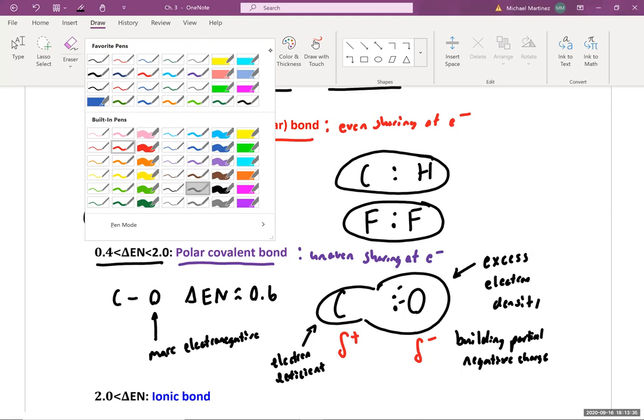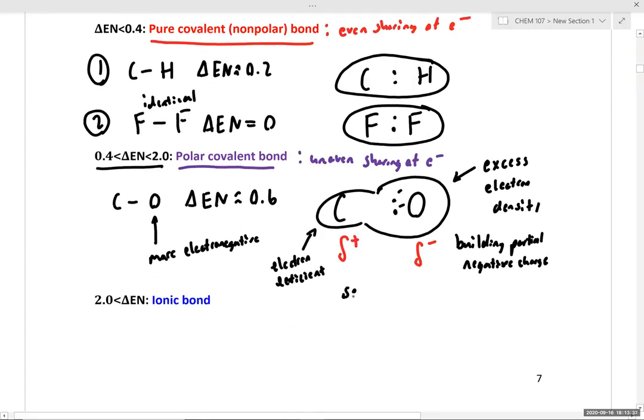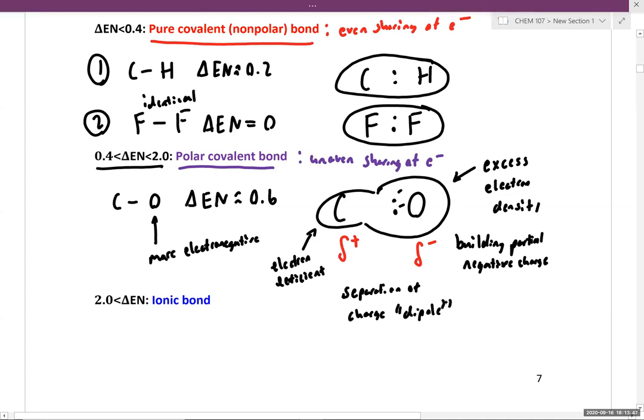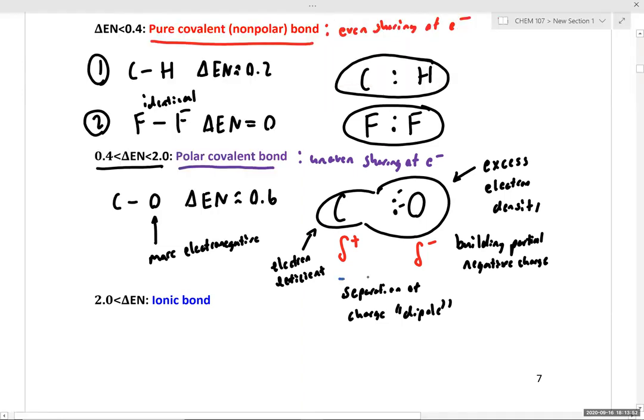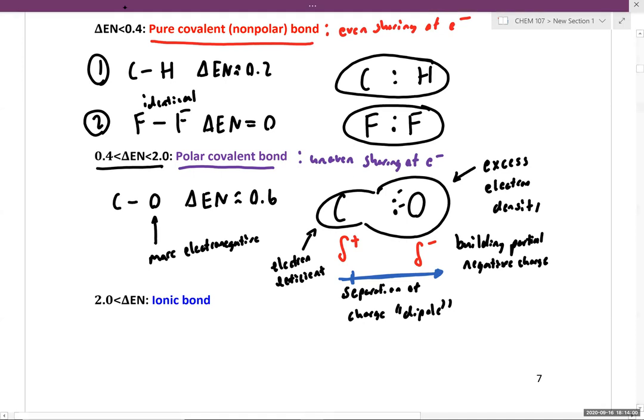And this separation of charge is known as a dipole. And to represent a dipole, we draw an arrow pointing towards our more electron rich or our more electronegative element.